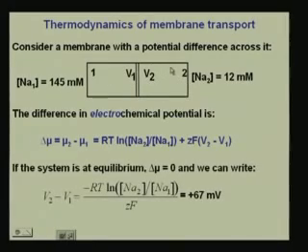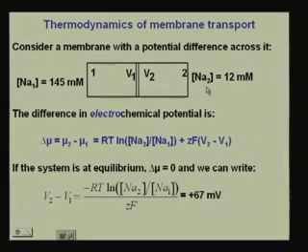But since we have a charged species now, in addition I have an electrochemical potential, and this is also going to contribute to my delta mu. Okay? So, I have now a system where Na1, say, the concentration of the sodium at side 1, is 145 millimolar.